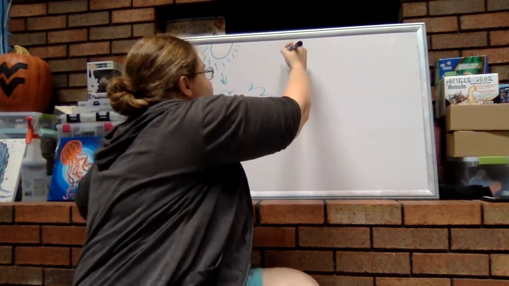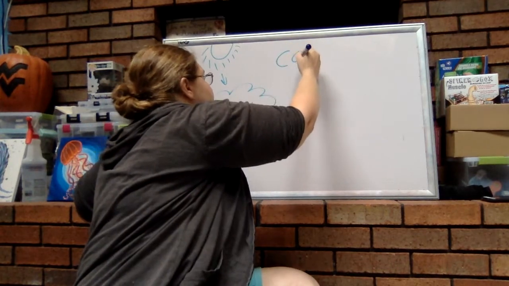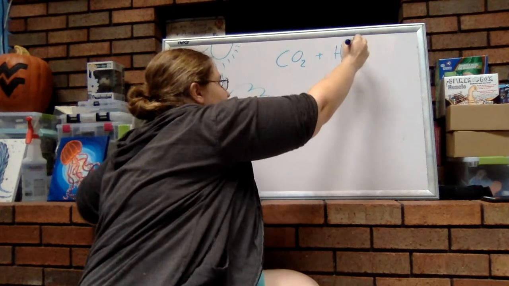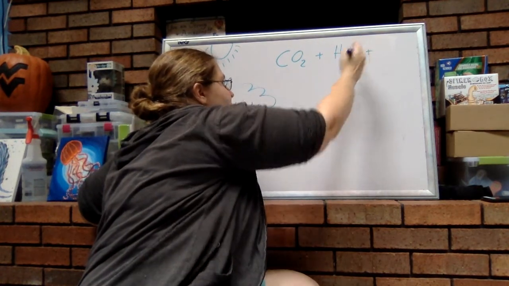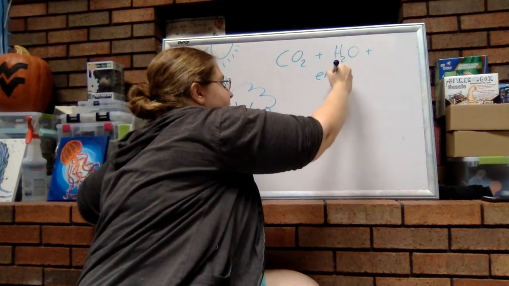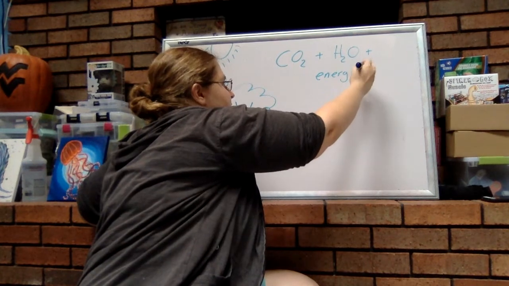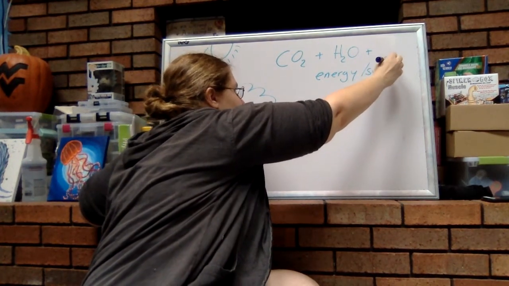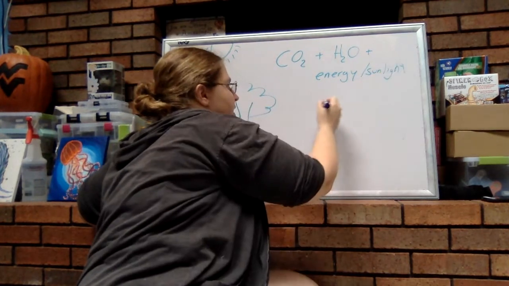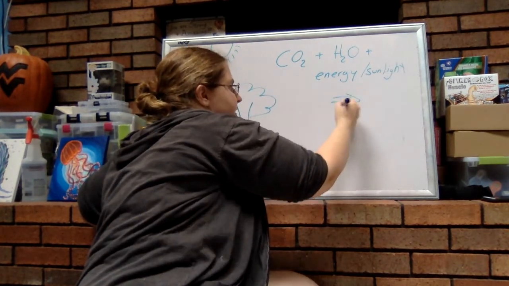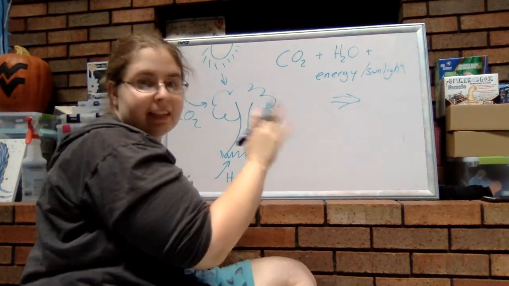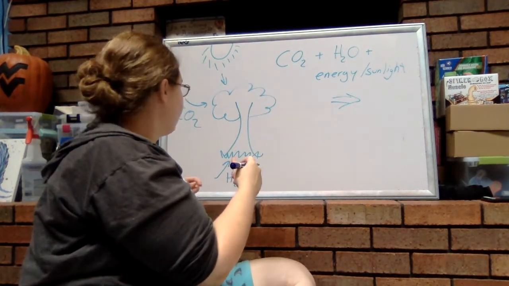So we have carbon dioxide plus water plus energy, in this case sunlight, and that'll give us, I will rewrite it as an actual chemical equation.